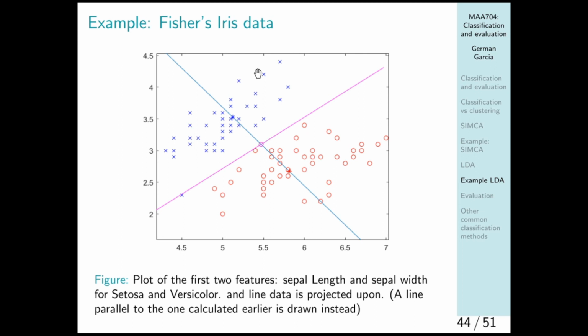And so this is our plot. This is the line the data is projected upon. And this is the orthogonal line that separates the two classes.